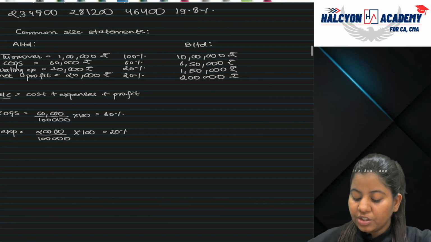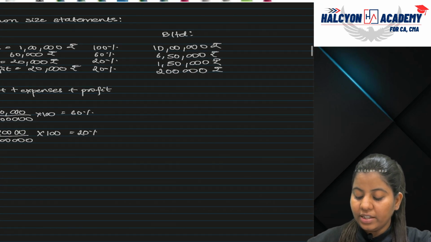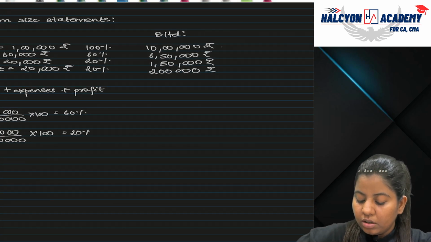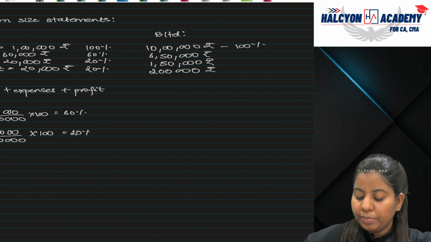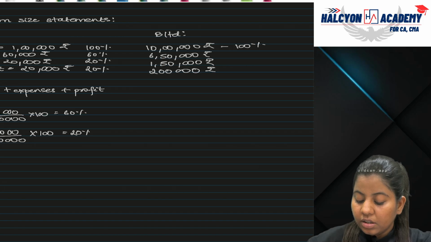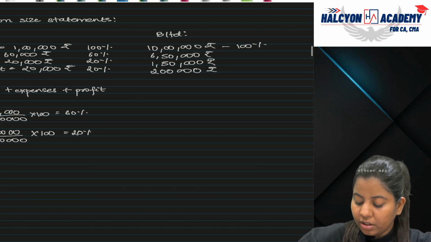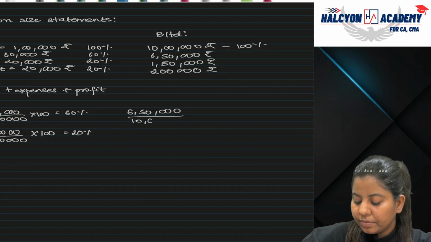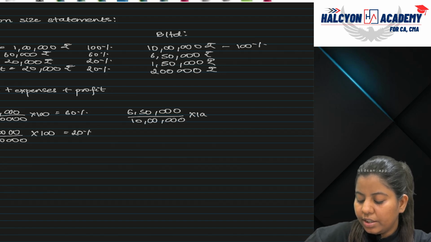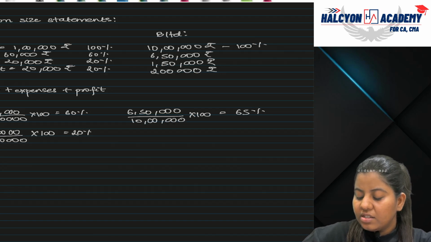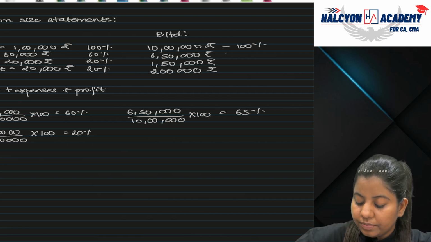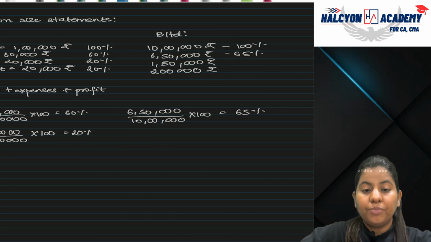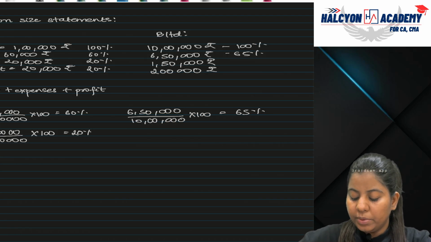First we have to find out the percentages for B Limited also. Percentage wise, let's take 100% for sales. The base is taken as 100%. Then 6,50,000 for cost of goods sold divided by 10 lakhs into 100 will be 65%. So the cost is 65% in B Limited.